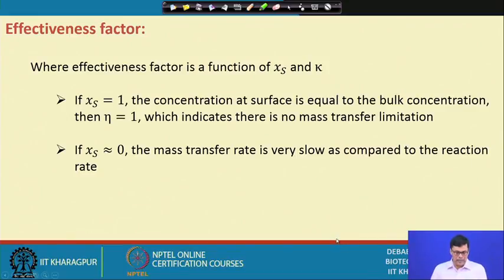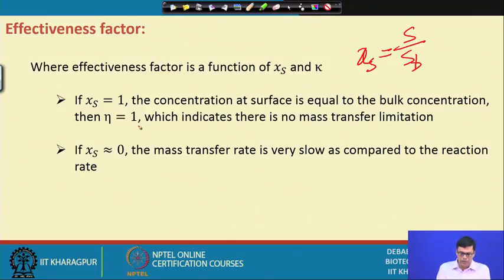Now how do you explain that? If you look at Xs, what is Xs? Again let me write it. Xs equal to, as I told, S by Sb. S is the substrate concentration at the surface of the solid matrix. Sb is the bulk substrate concentration. Now if Xs equals 1, what will happen? The concentration at the surface is equal to the bulk substrate concentration.